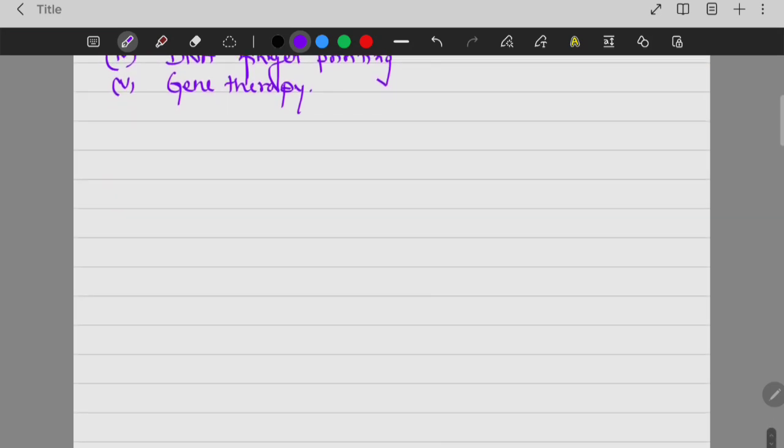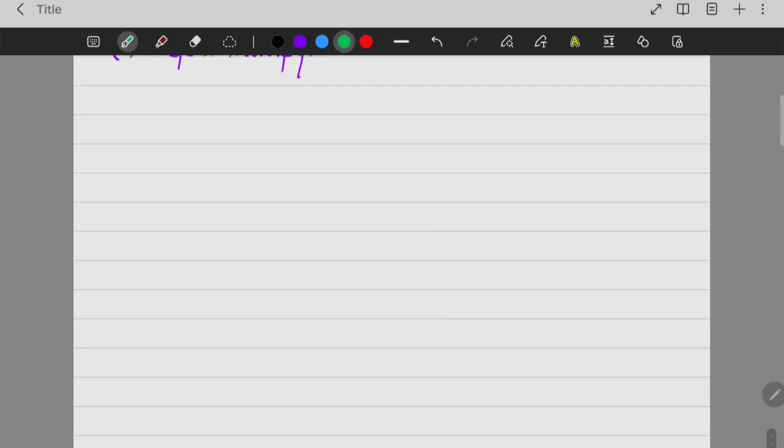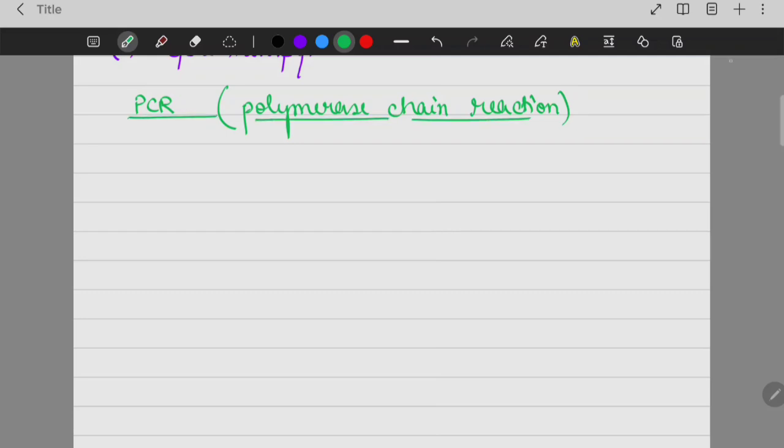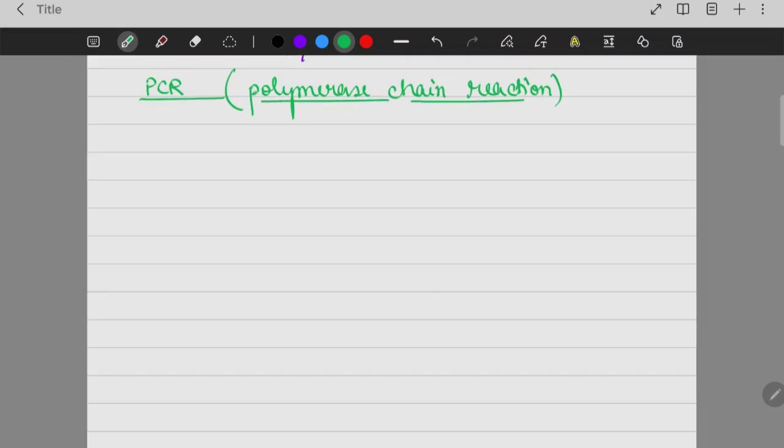Now another topic is PCR. PCR stands for Polymerase Chain Reaction. This chain reaction is done so that multiple copies of the specific DNA can be obtained. It means that after using the DNA polymerase, there is a chain reaction, an exponential growth reaction, so that many copies can be obtained for research or investigation purposes.